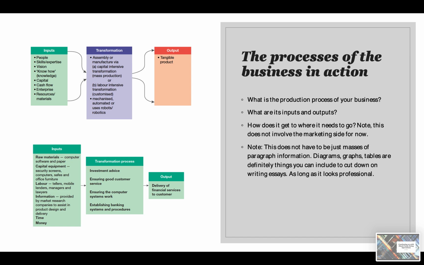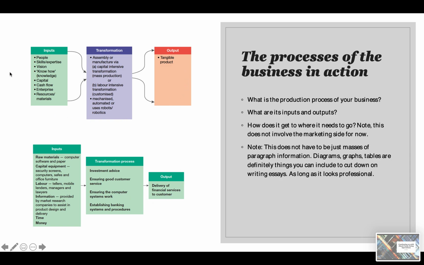The second thing that you're going to be asking are what are its inputs and outputs, okay? So we've got a lovely one here, okay, where you've got two different diagrams and it shows you the different inputs that go into each one. You have the transformation procedure and then the output.